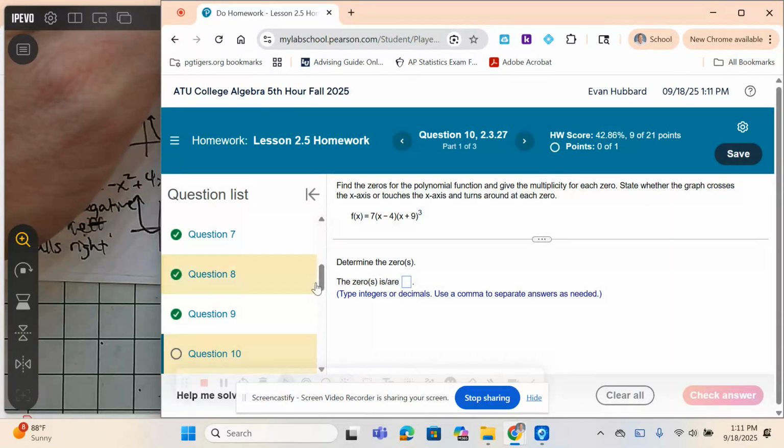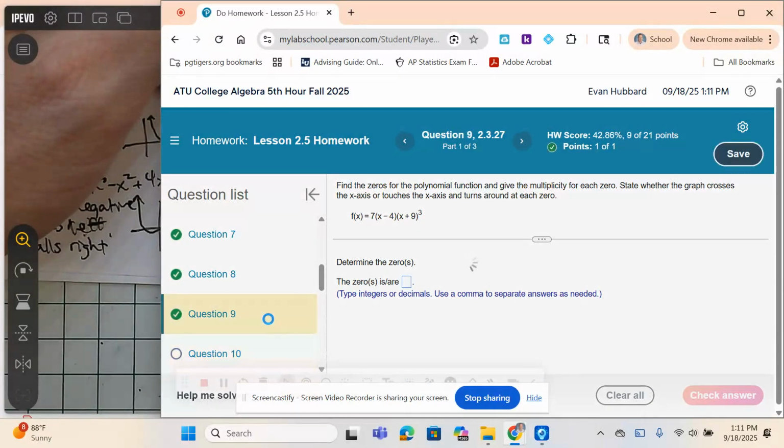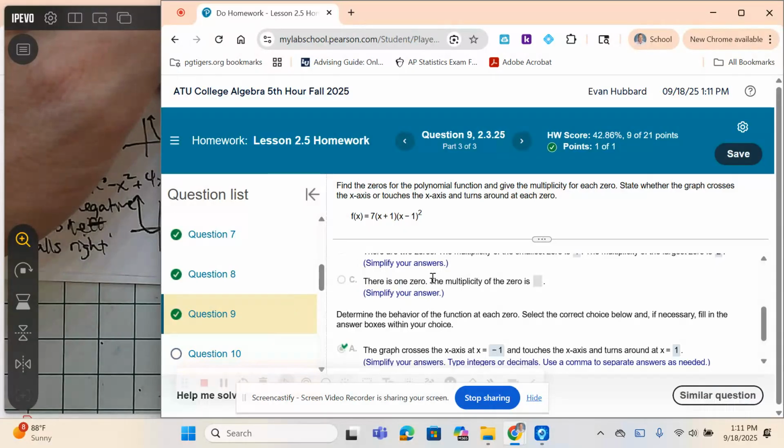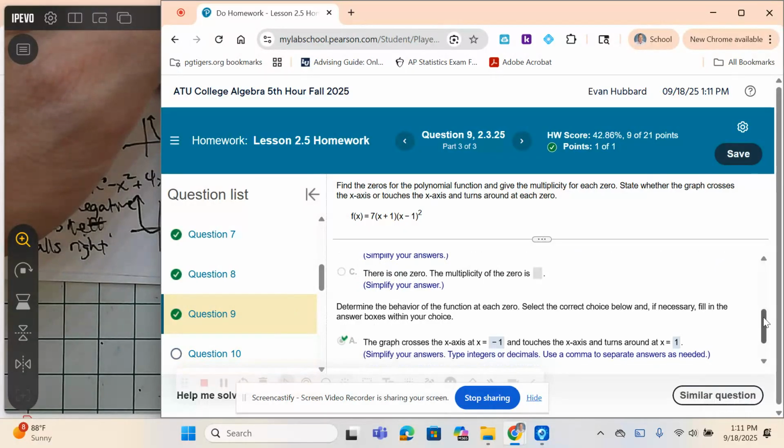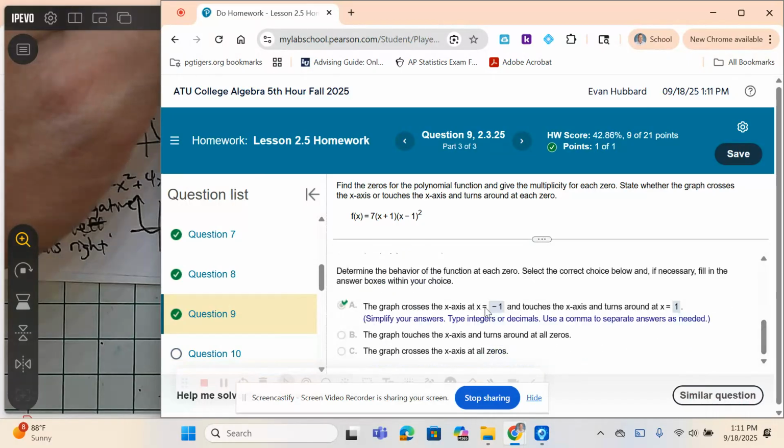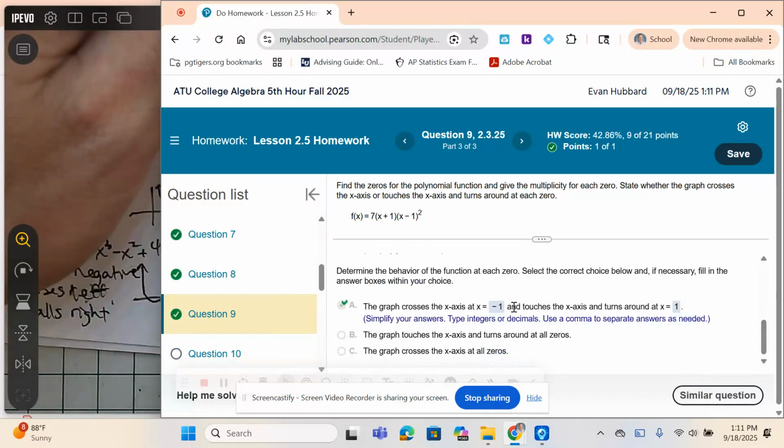Now, you agree? Mm-hmm. All right, I skipped ahead there. It crosses the x-axis at x equals negative 1, and it touches it at 1. I wrote that backwards on my paper there, so I apologize.